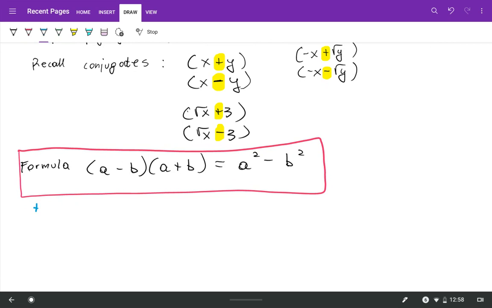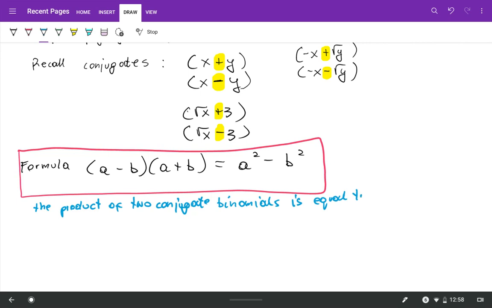So we call that, if you want to write this down, the product of 2 conjugate binomials. We call them binomials because you have 2 expressions in the parenthesis.